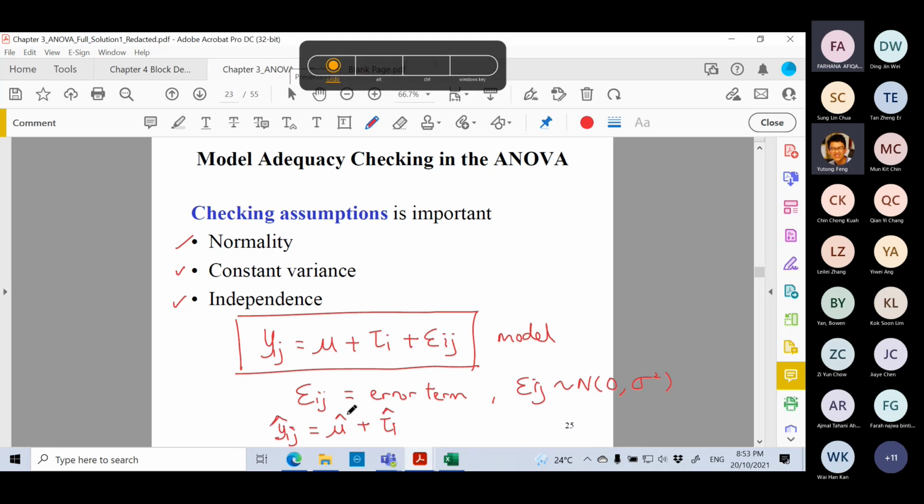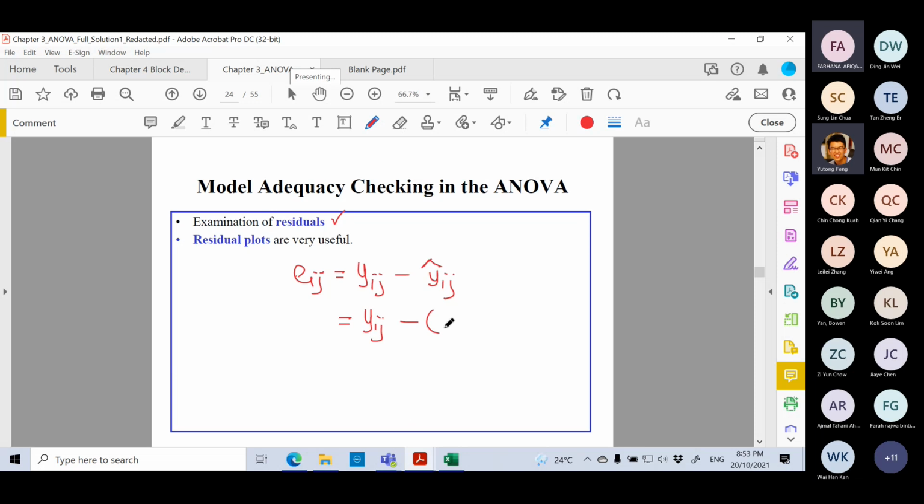Once you get the fitted equation, the error is of course no more. So the fitted equation for our one-way ANOVA will be given by mu hat plus tau i hat, so Yij minus that. This mu refers to the overall mean.